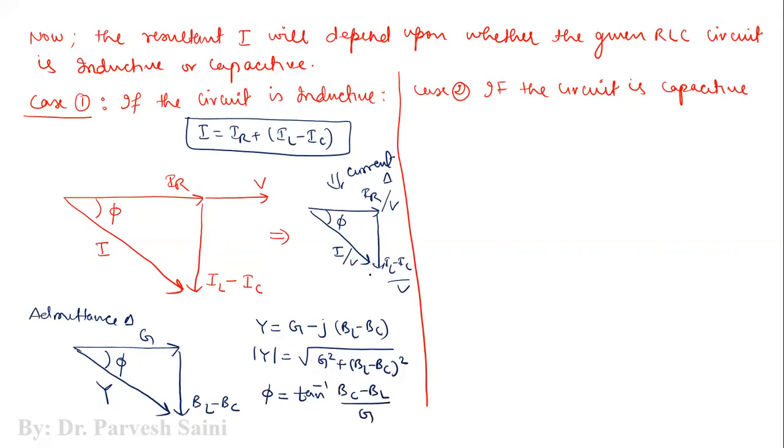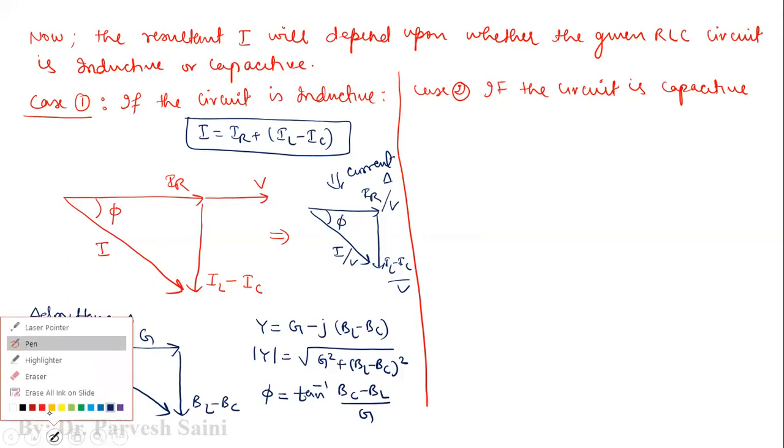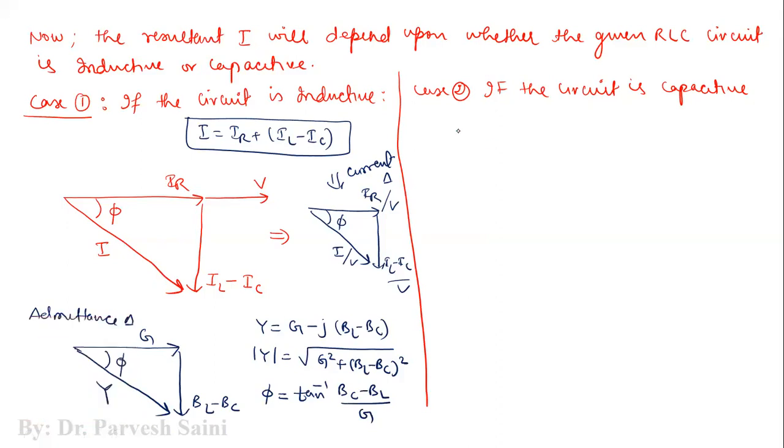Now let us come to the capacitive part. If the circuit behaves as a capacitive circuit, okay, so in this also we have the current phasor IR. Then we have the voltage phasor V, and the resultant current would be in the positive. So IL minus IC is positive here, right?